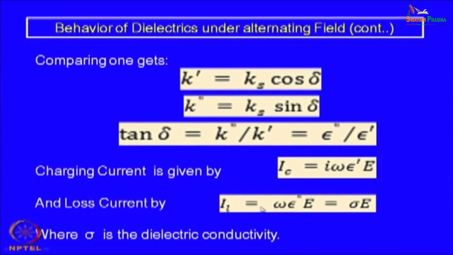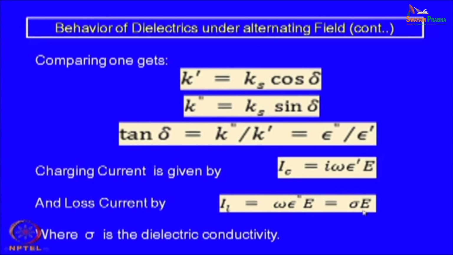This is from Ohm's law, relating the electric field and the current. So, this becomes a constant which is equal to σ, the conductivity, which is called the dielectric conductivity, and it is a product of two parameters: one is ω, the frequency, and the other is the imaginary part of the dielectric permittivity.